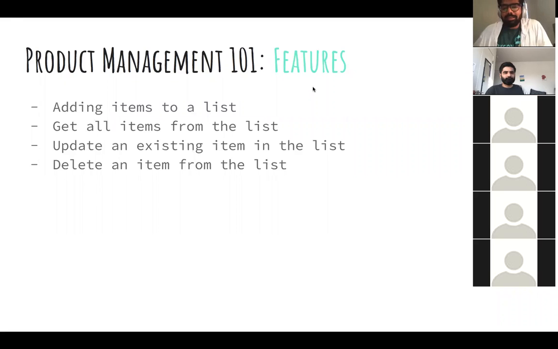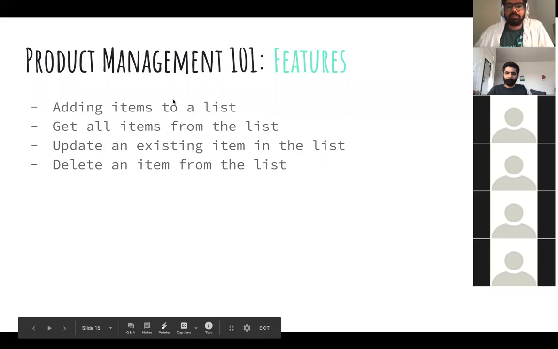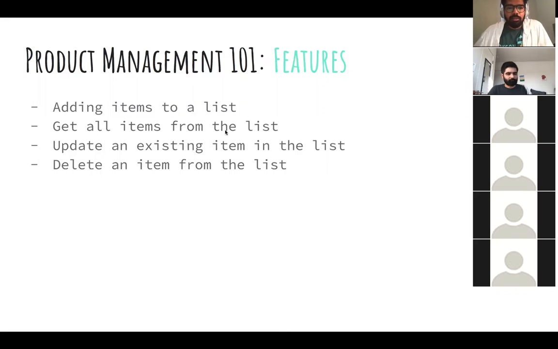So we need some features, and our product manager here has given us a bunch of features. So the 4 things that our to-do app needs to do is adding items to a list, get all items from the list, update an existing item in the list, and delete an item from the list. So sounds like a simple enough feature list. We'll see how we can implement it using the RESTful way of building software.